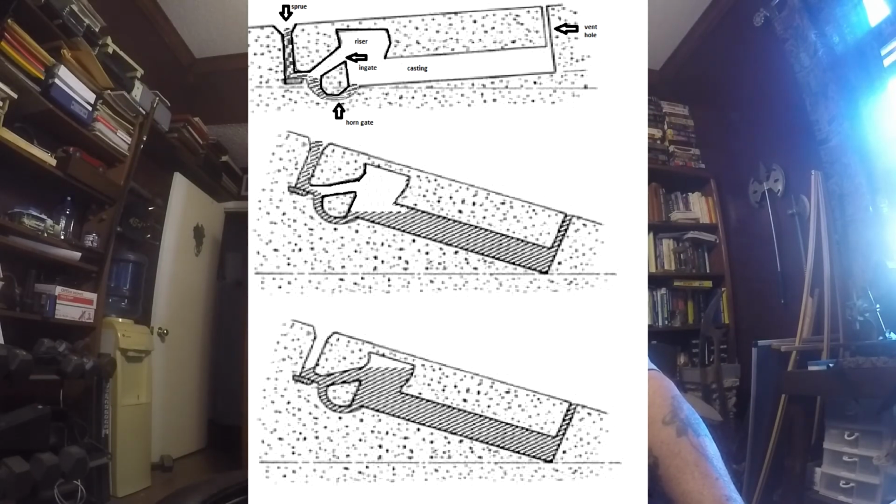All right, there's specific reasons that you use a horn gate. Most of the time you wouldn't want to use a horn gate, but in some cases a horn gate comes in very handy. And in this portion, the horn gate is coming in handy, because it's trying to feed the bottom of the casting to where it fills all the way up.